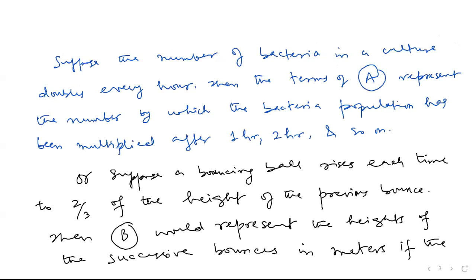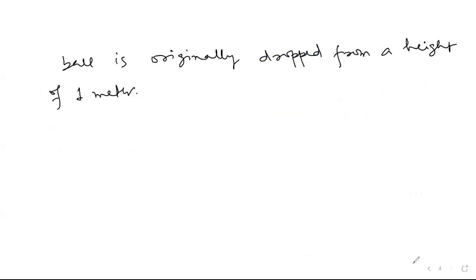Suppose a bouncing ball rises each time to two-thirds of the height of the previous bounce, then B would represent the heights of the successive bounces in meters if the ball is originally dropped from a height of 1 meter.